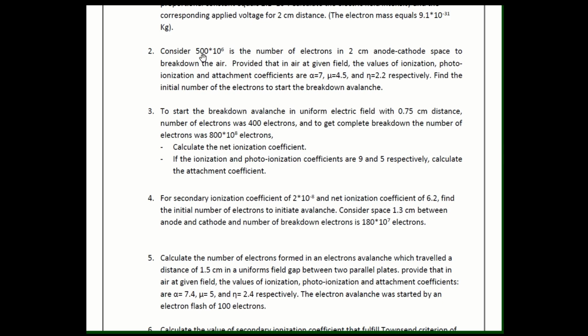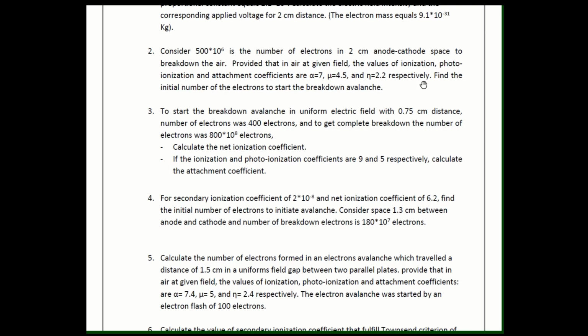So this is the number of electrons at breakdown. Provided that in air at a given field, the values of the ionization, photoionization, and attachment coefficients are: the ionization, which we call alpha, is equal to 7, mu, which is the photoionization, is equal to 4.5, and the attachment, which we call eta, is equal to 0.2 respectively.